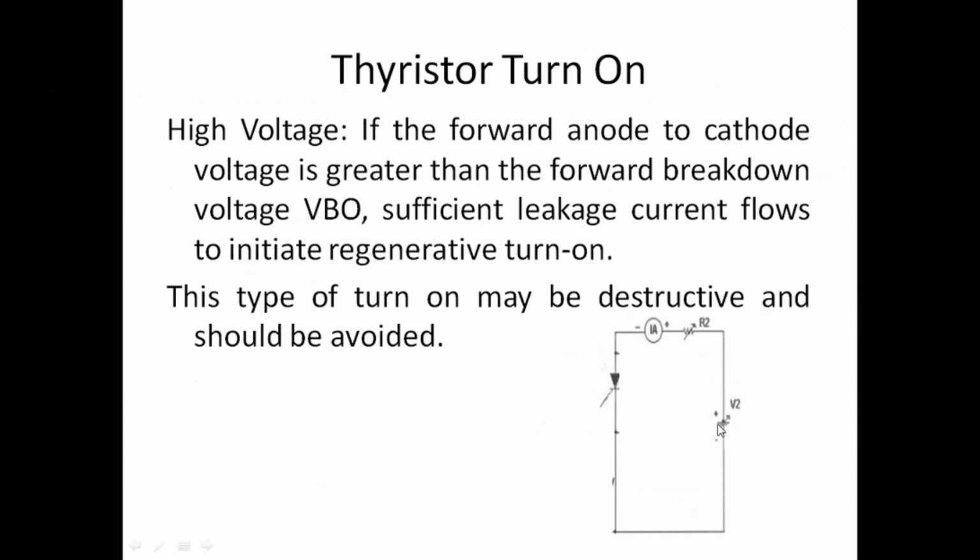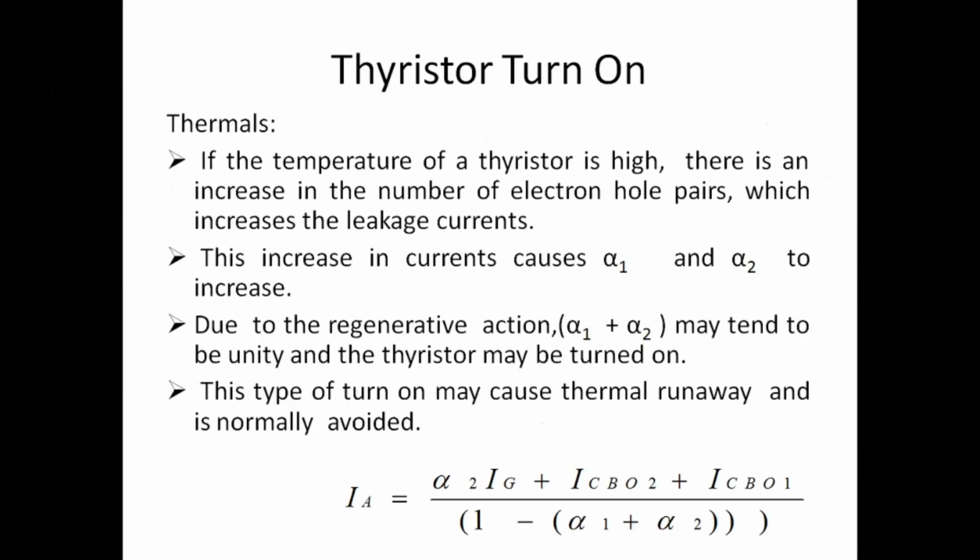If it is a DC like this, we should not apply more than 800 volts. If it is an AC also, in any positive half cycle, the applied voltage should not cross 800 volts. That is the meaning of that. This type of turn on may be destructive and should be avoided. So that is the high voltage reason. Next, are there any other reasons?